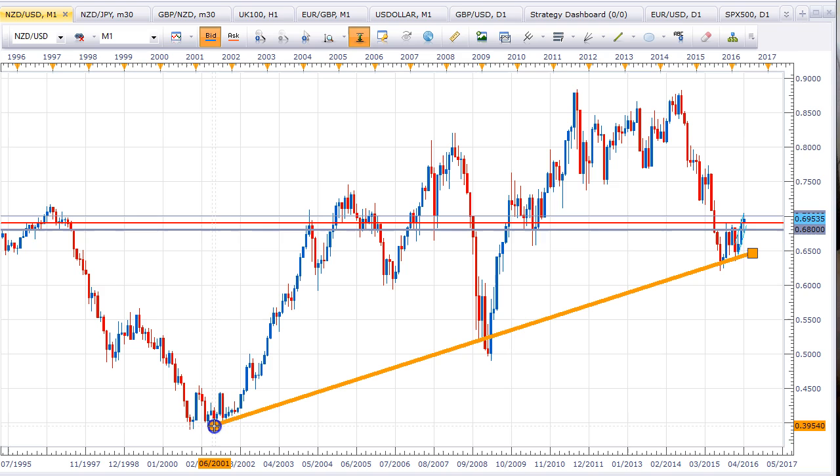So over a large period, and we're not being pip precise here, roughly between 0.40 to 0.90, okay, that's 5,000 pips. We have this trend line.